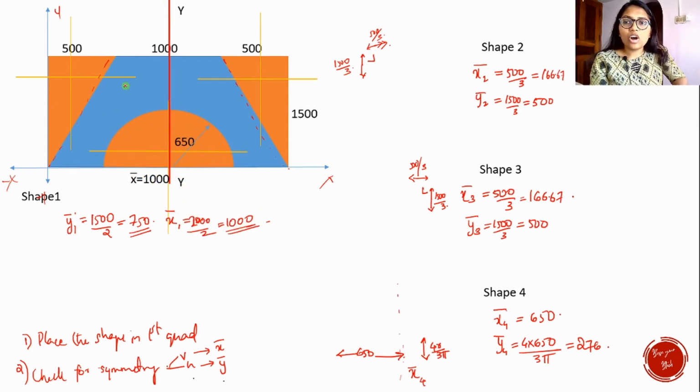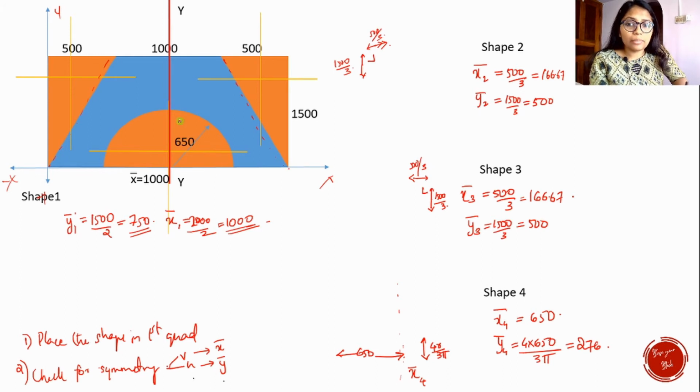See, all these horizontal axes are the y coordinates of the corresponding figures, which means this horizontal axis indicates the location of the y coordinate of shape 2, isn't it? And here comes shape 3, and this horizontal axis indicates the location of the y coordinate for shape 3.